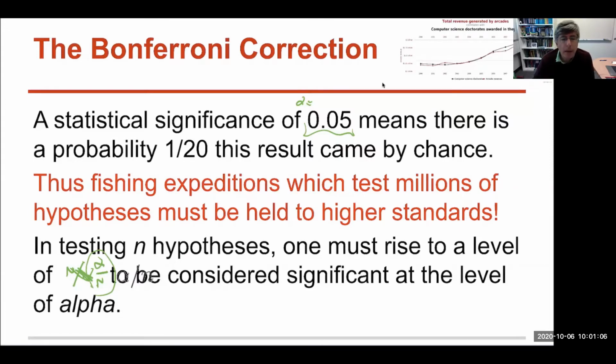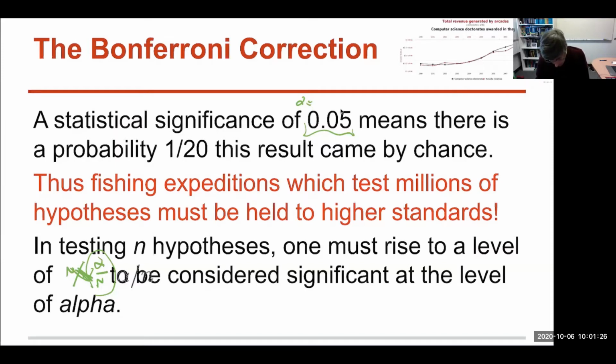The probability of it happening by chance, okay? We want to have a stricter standard of evidence for a hypothesis when we are running a lot of these things.